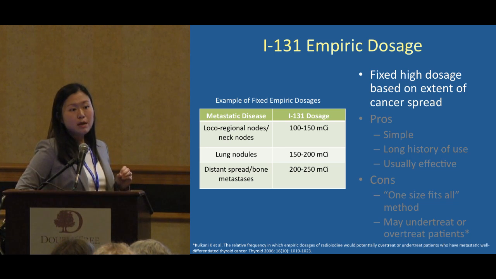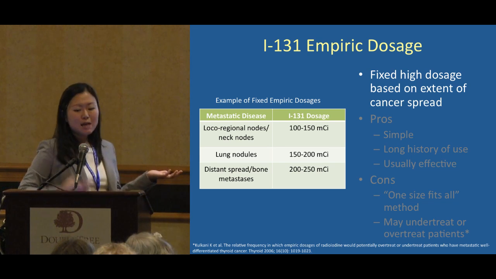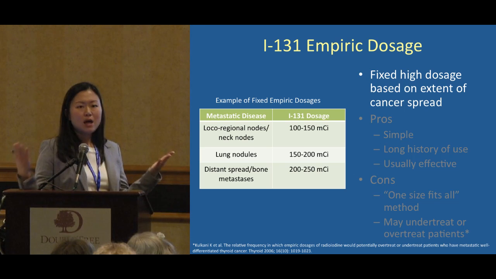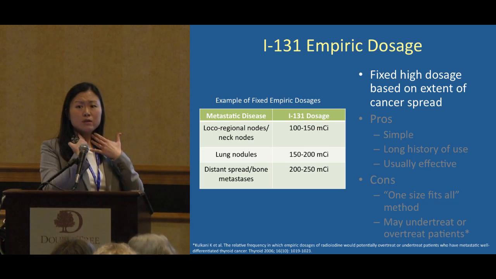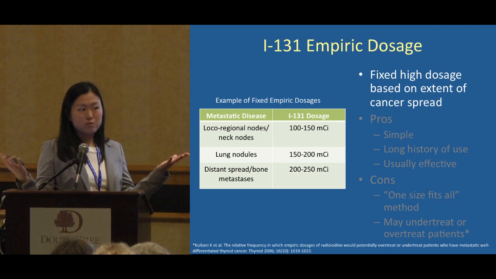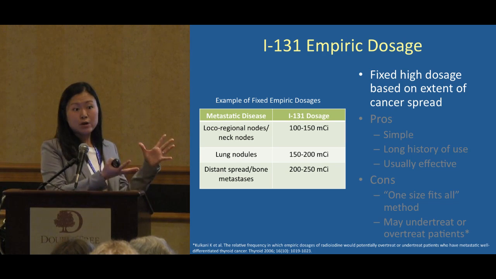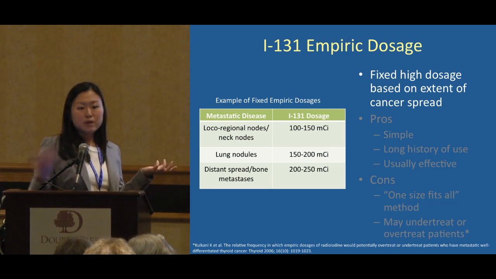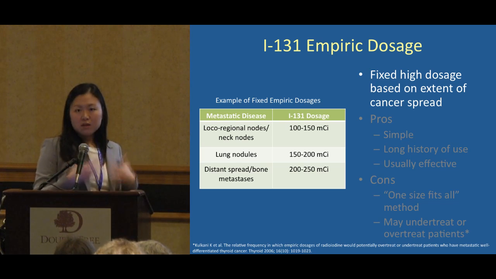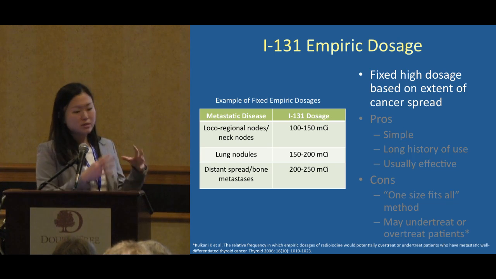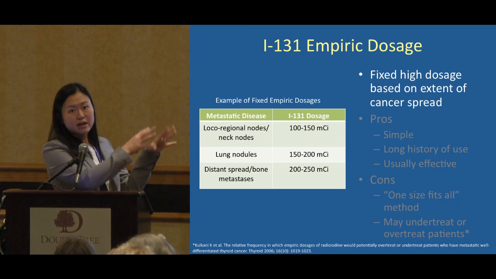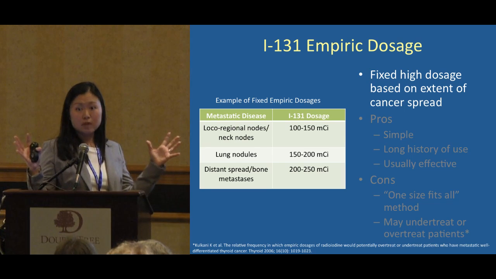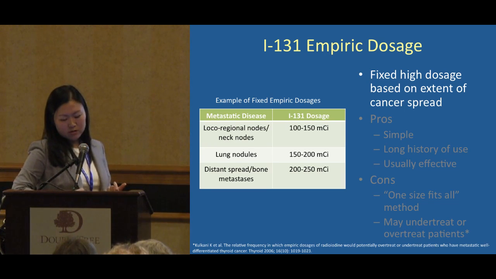But it's a fixed dose, because if patient A and patient B both have cancer that's gone to just the neck nodes, we're just going to give them pretty much the same dose because we put them into the category of neck lymph nodes with cancer. If patient A and B both have lung mets, then we're going to do the same thing. We're going to put them in that category and give them the same dose, basically. So that's called empiric dosage.